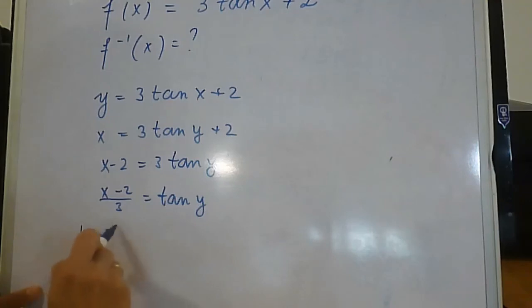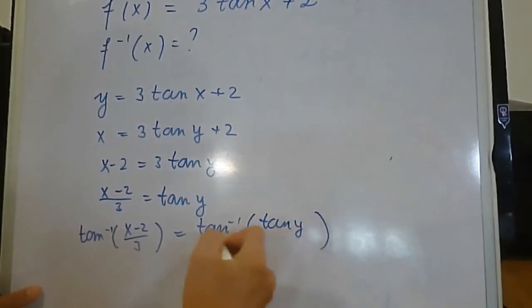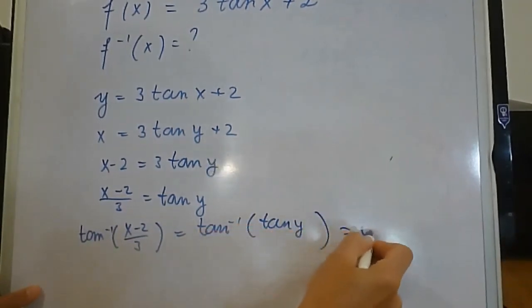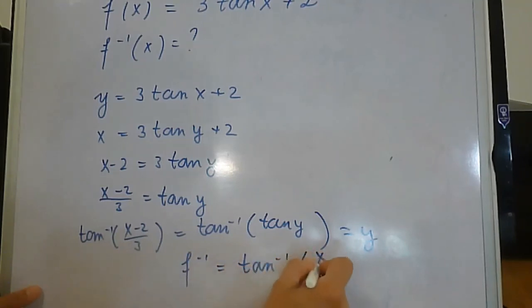So tangent inverse of x minus 2 over 3 equals tangent inverse of tangent of y. These two cancel each other, and I'm going to just get y here, and that's going to be my inverse function. And you can write it down separately, like f inverse equals tangent inverse of x minus 2 over 3. That's going to be the final answer.